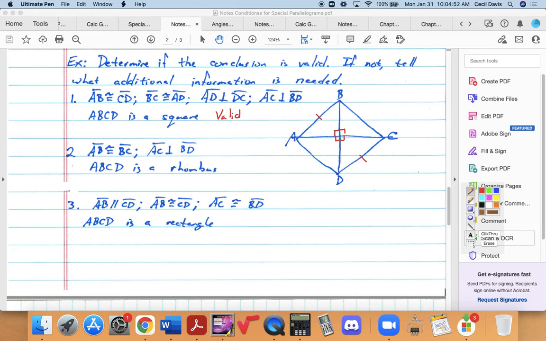No. Do we even know that it's a parallelogram? No. If we knew that it was a parallelogram and it had perpendicular diagonals, does that mean it has to be a rhombus? Yeah, that's one of the properties of a rhombus. So this is invalid.